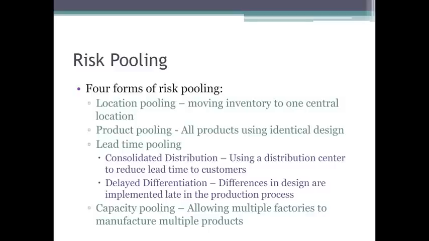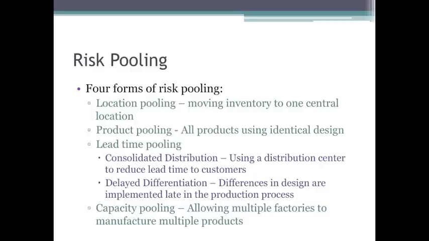Now, both forms of lead time pooling tend to be light versions of other types of risk pooling. For instance, consolidated distribution. This is using a distribution center to reduce the lead time to the customers. Well, this is kind of a light form of location pooling. It's just that there's this intermediary step before it gets to each separate location.